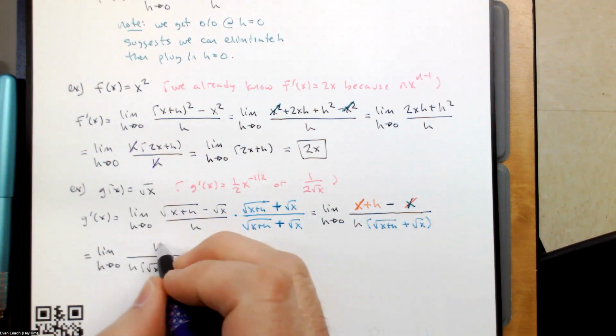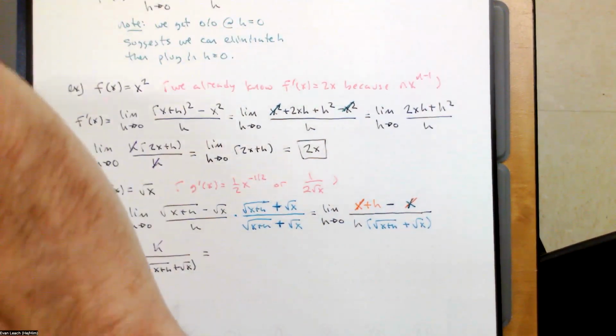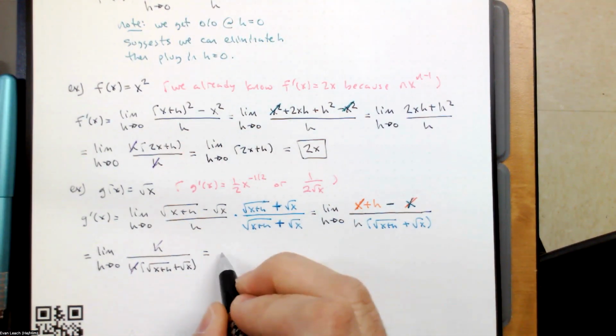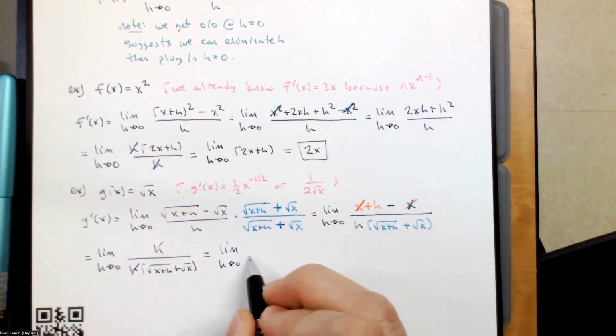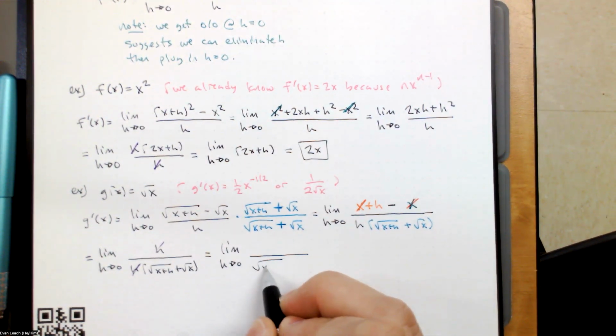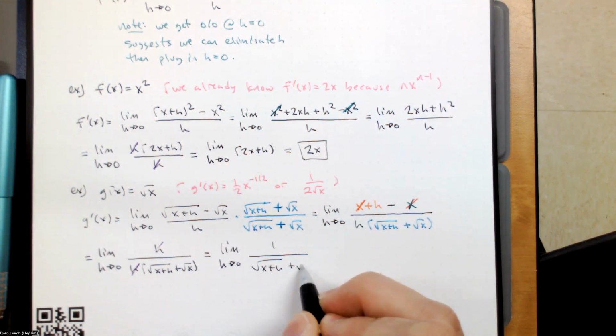So the h's cancel out. And our maneuvers have produced a result that we wanted. Because now we're looking at the limit as h goes to 0 of 1 over square root of x plus h plus another square root of x.